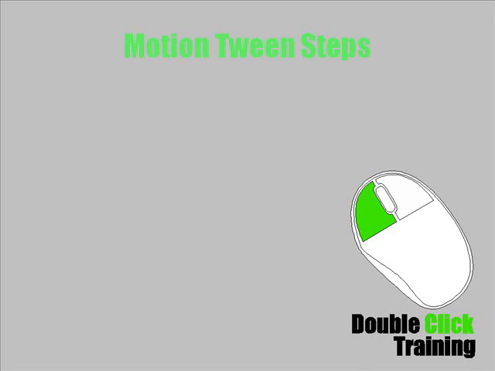The first step is to create a symbol. Whether this is a graphic symbol, a movie clip, or a button, doesn't matter. We can do a motion tween with any of those three. These 3 symbols we talked about in an earlier edition of DoubleClick Training's Fast Track in Flash. But that's the first step, to create your symbol.